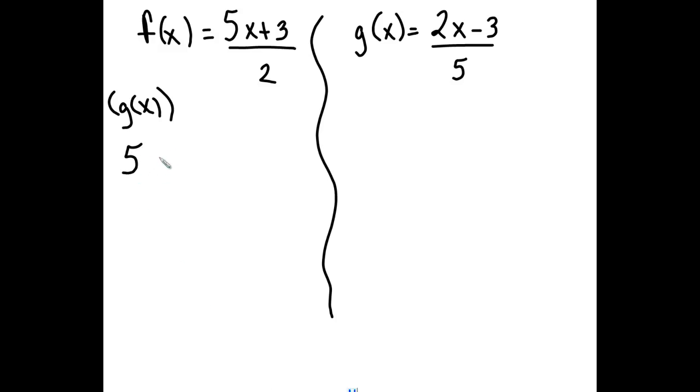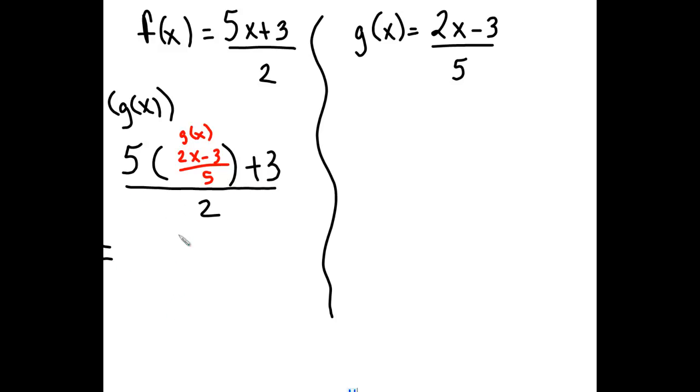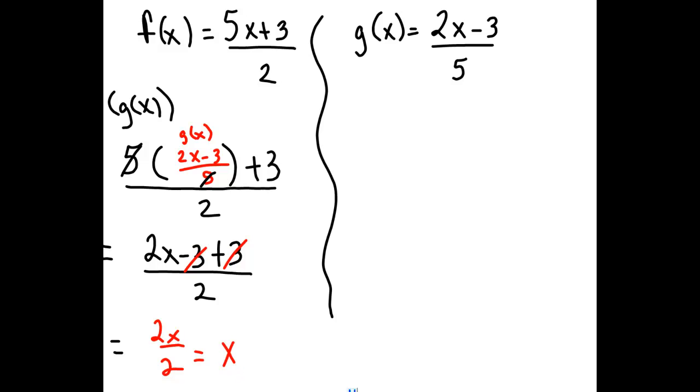So write the equation for f, leaving a blank where there's an x. Now substitute g of x. Last thing is to simplify. The 5's will reduce to 1, leaving 2x minus 3 plus 3 over 2. Combining like terms, leaving 2x over 2, which is just x.